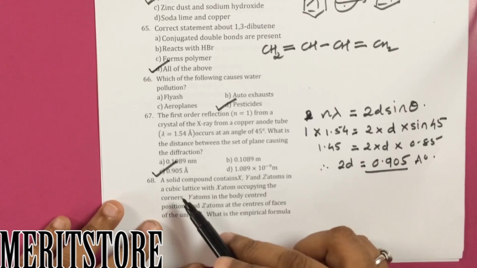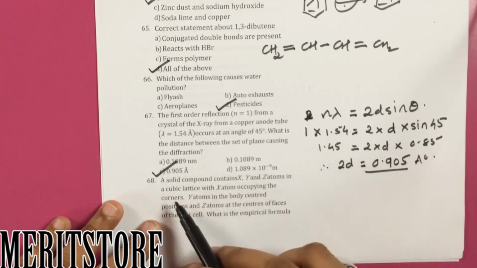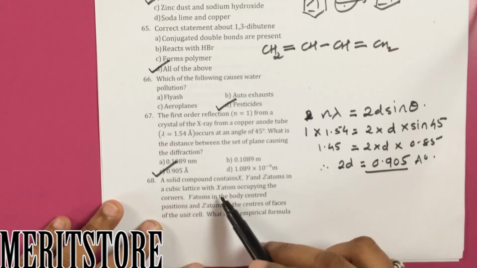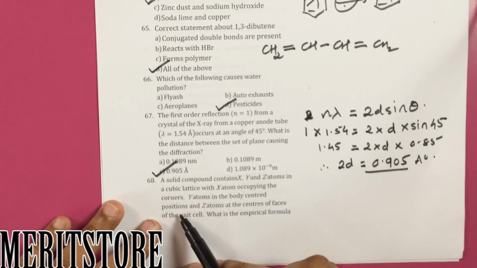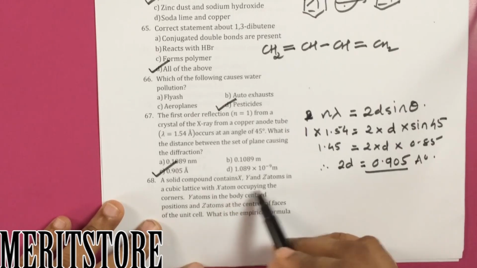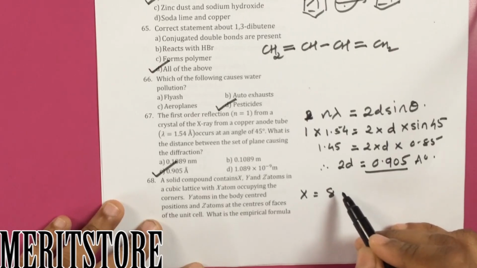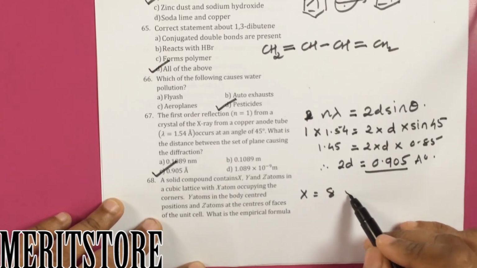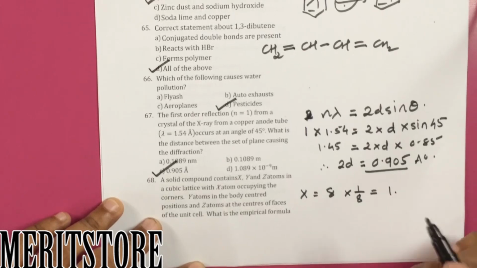Question number 68. The solid compound contains X, Y, Z atoms in a cubic lattice with the X atoms at the corner, Y in the body center position and Z in the center of faces. What is the empirical formula? X is at the corner, so there are 8 corners and every corner contributes 1 by 8, so that's equals to 1.